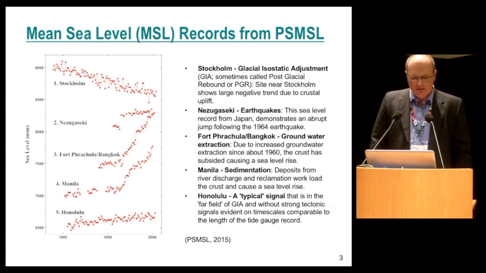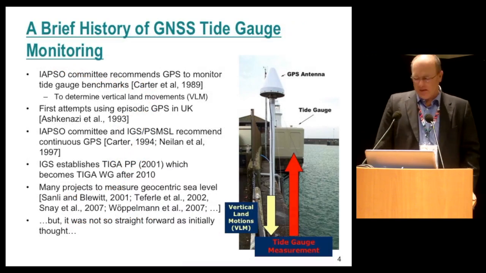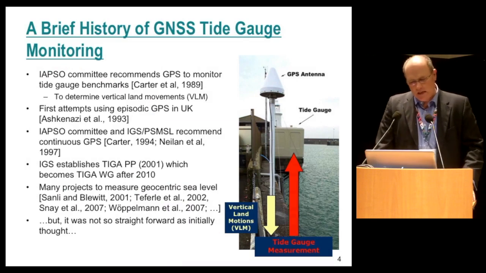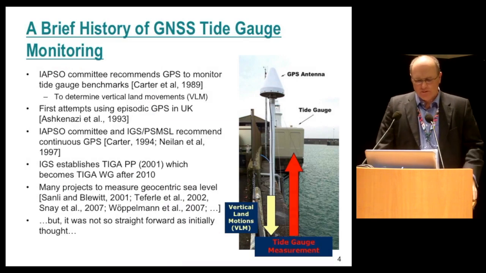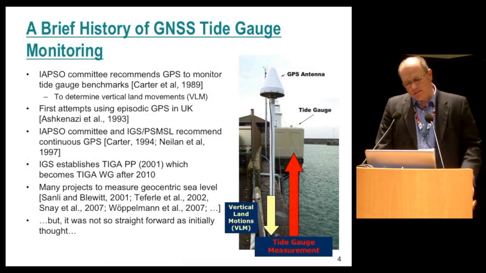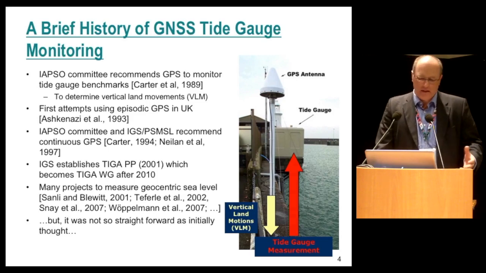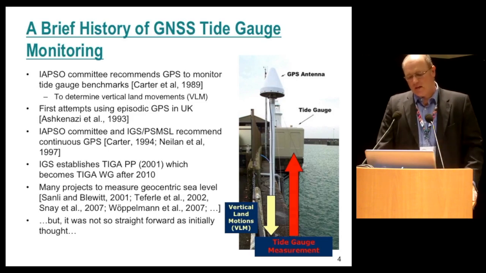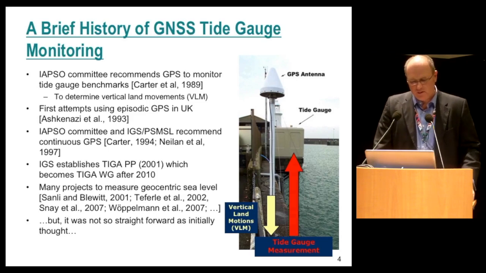So if I take you back in time a little bit, the first idea of this came in an IAPSO committee meeting that was summarized in the first Carter report in 1989. And there it was suggested that GPS, gravity measurements, even the use of VLBI and SLR was considered for measuring the vertical land motions.